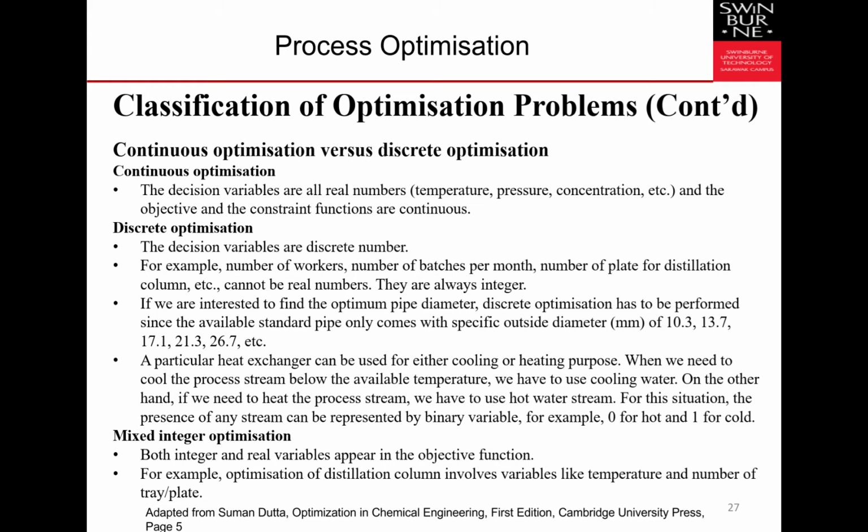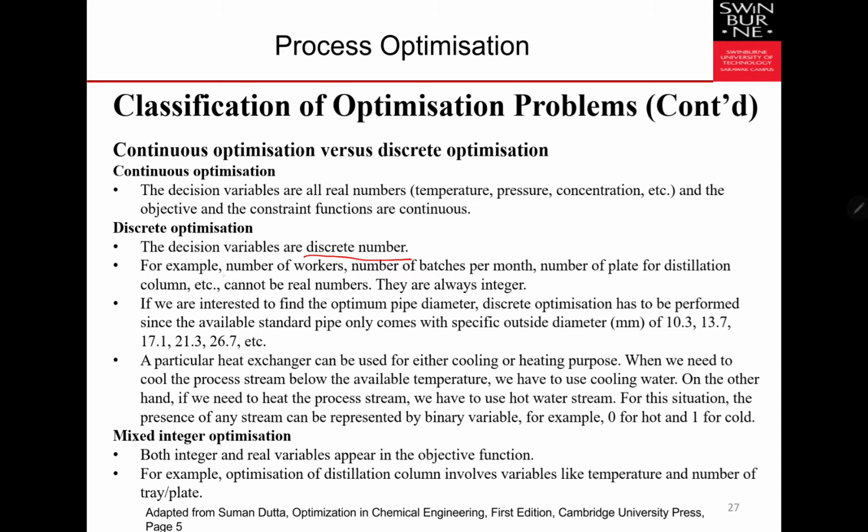Then we have continuous optimization, discrete optimization, and mixed integer optimization. In continuous optimization, all the variables are real numbers, and the objective and constraint functions are continuous. For discrete optimization, you have some discrete numbers, as we showed already in the previous case of the insulation, where we can only buy insulation in increments of 0.5 inch.